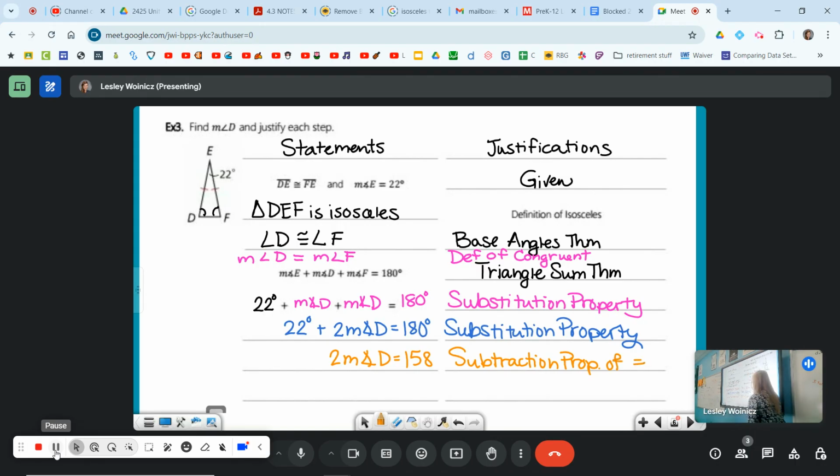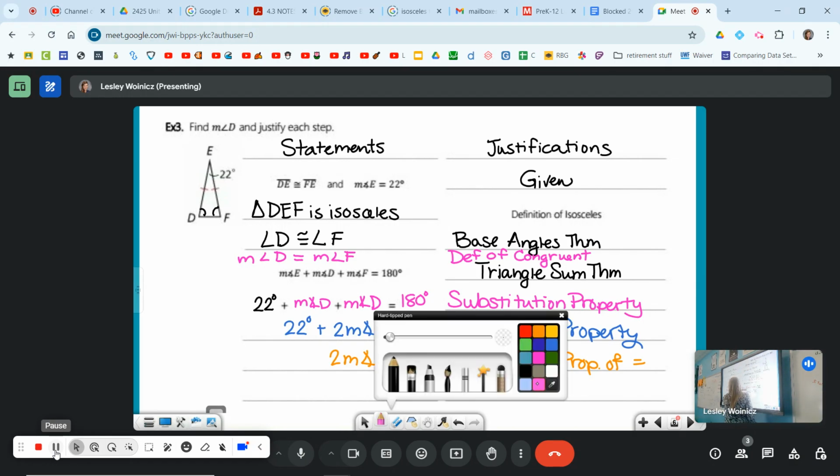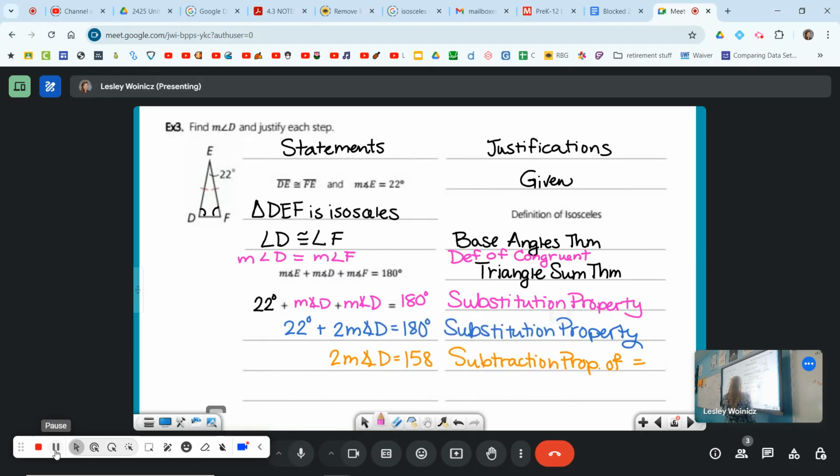Okay, last but not least, division property of equality. So the measure of angle D is, did you say 79? Yeah.